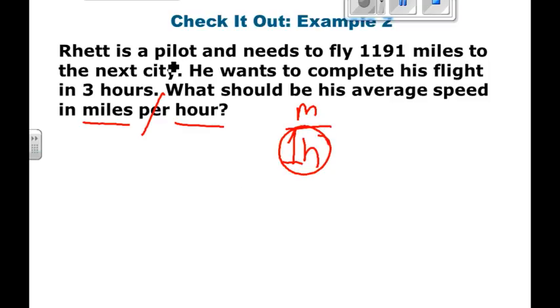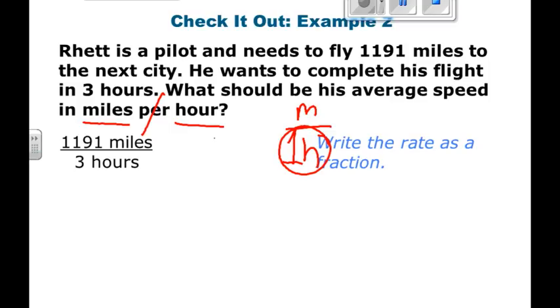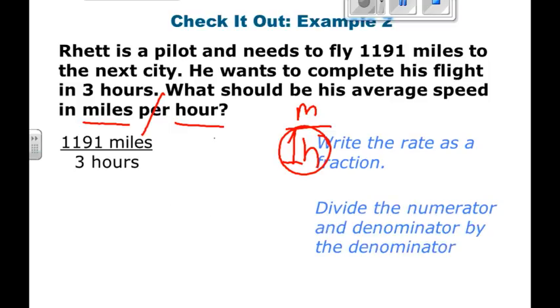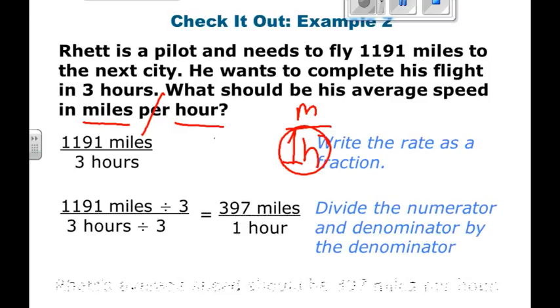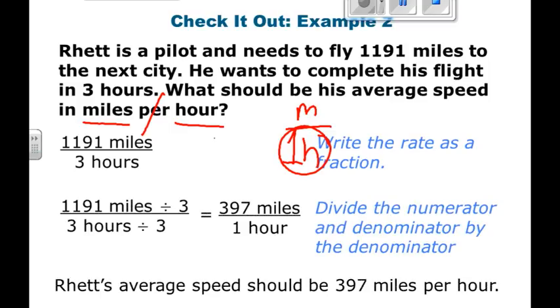So we're going to write this as a rate comparing miles to hours. In order to get that 3 to a 1, like a unit rate always has, we're going to divide both the numerator and the denominator by 3. And we get 397 miles. In order to complete his flight in 3 hours, he has to average 397 miles per hour.